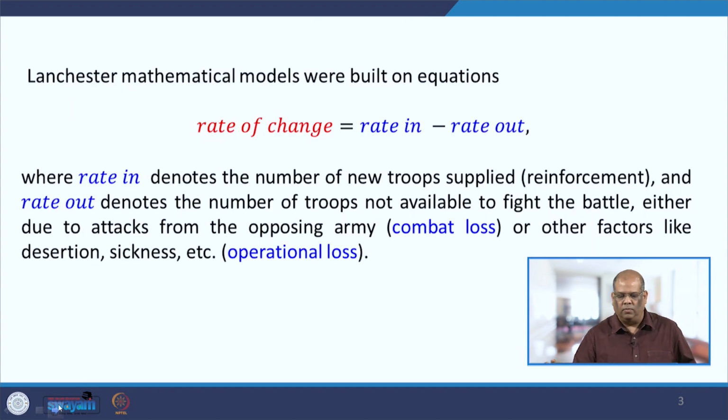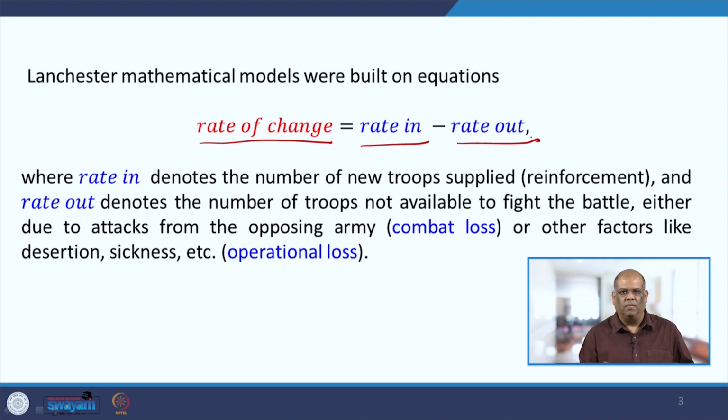Before that, Lanchester used this simple technique: the rate of change should be the rate in minus the rate out. The idea is that if your model can be simple and can capture all the dynamics, why make it complicated?